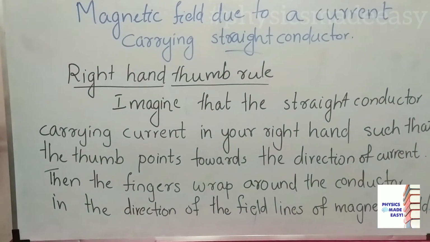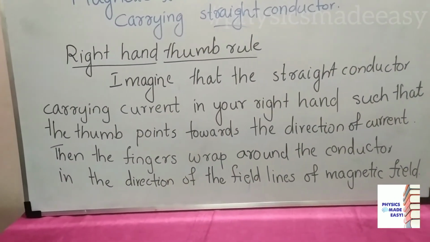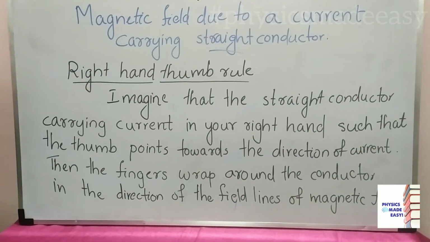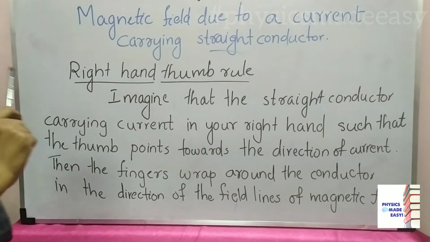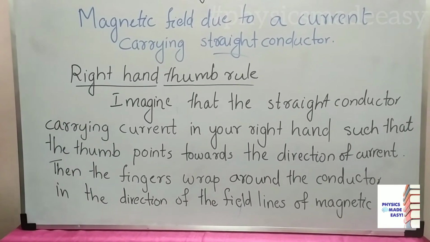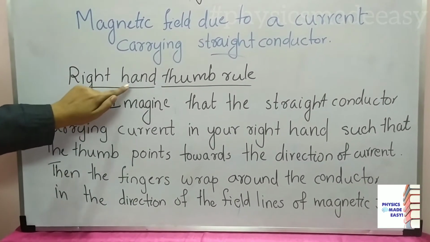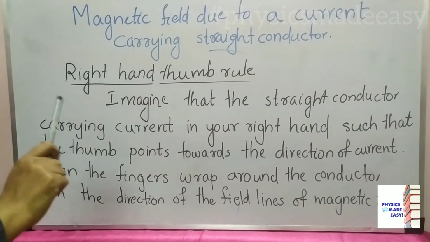Let us discuss one rule which helps us find the direction of the magnetic field in the case of a current carrying conductor. That rule is called the right hand thumb rule. Okay children, right hand thumb rule. I will read that now.